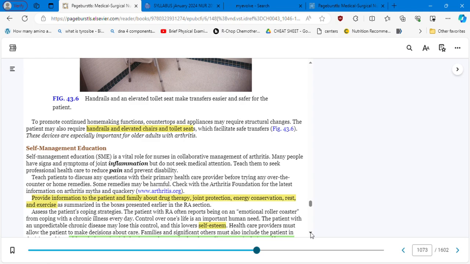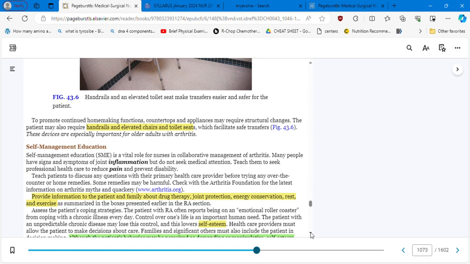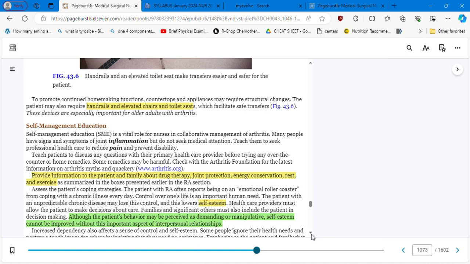Self-management education: provide information to the patient and family about drug therapy, joint protection, energy conservation, rest and exercise, and the most important, support self-esteem.